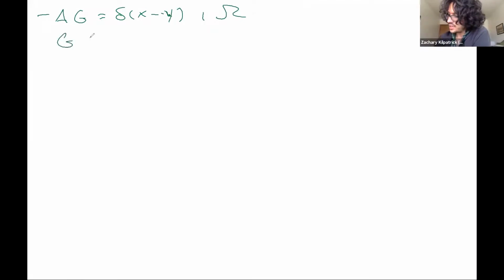And then you're saying G is equal to 0. You have to be a bit careful about this. It'd be for x on the boundary and any y in the domain. As long as y is in the domain.